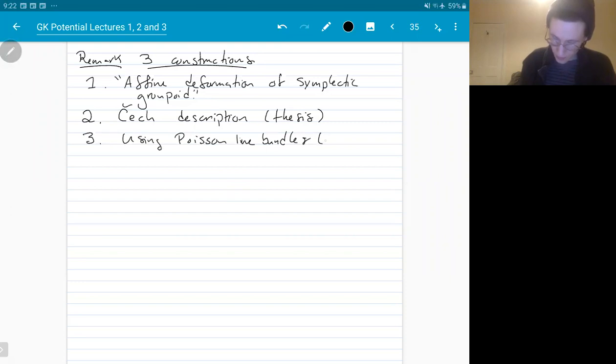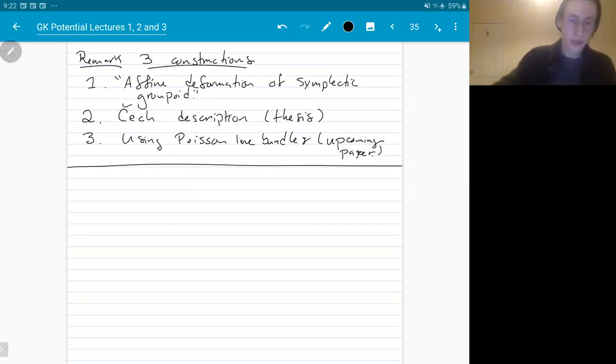This hasn't been written down, but Marco and I are writing a paper where it is useful for us. I just wanted to mention this because I had presented those 3 constructions in the Kähler case. So just in case you're curious whether those things generalize, the answer is yes. Okay, so let me just give a couple of examples of this.